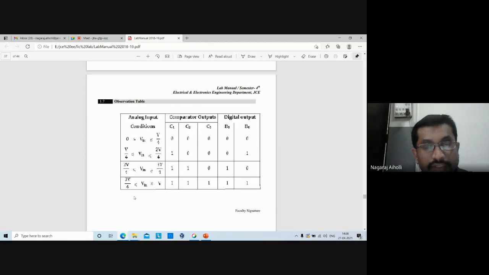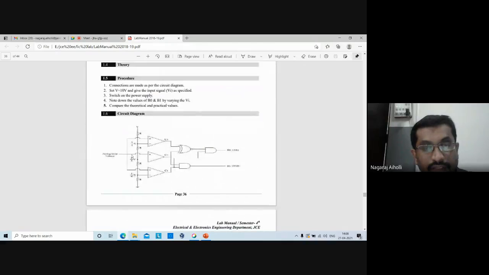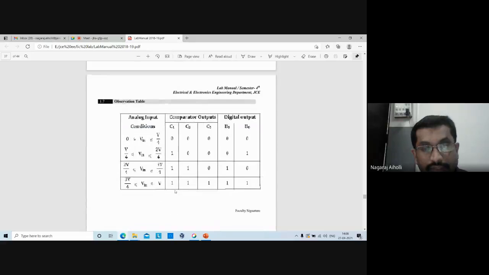Then the final condition: if the analog input voltage that is applied here is in between 3V/4 and V, the supply voltage V, then all the three C1, C2, C3 will be high, and B1, B0 will also be high. So like this, based on the value of the input voltage, whether it is in the range 0 to V/4 or V/4 to 2V/4, based on the range, it is converting the analog input voltage into digital output.